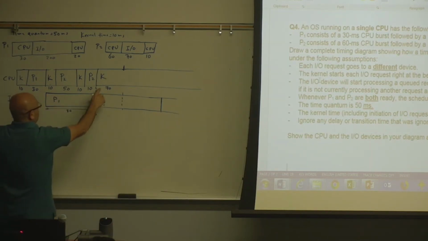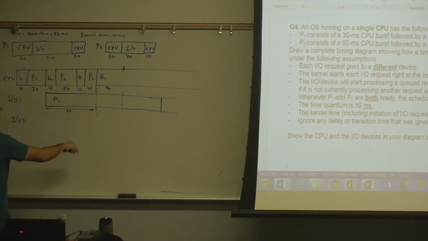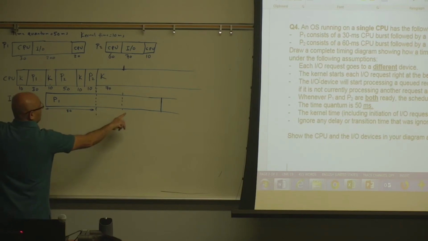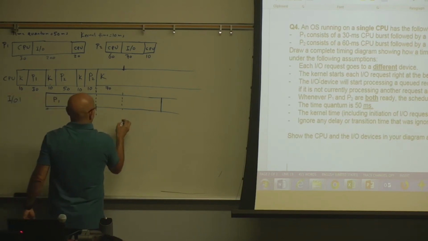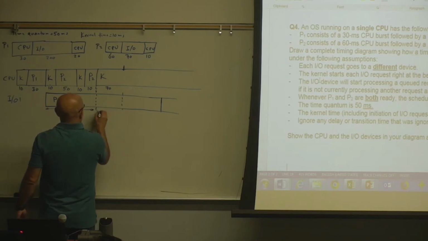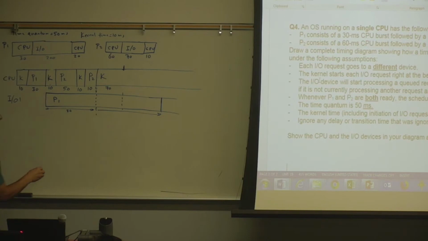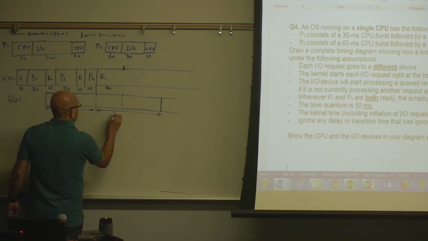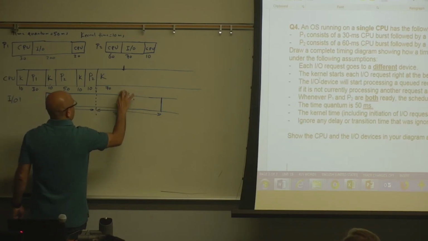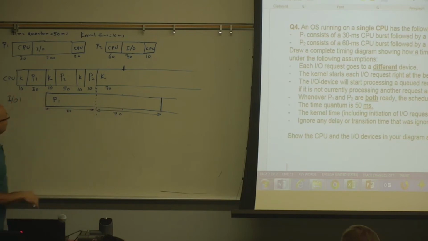So now at this point, P2 is requesting I/O, but the device is not available. So P2 will get queued, and in fact, it will not get the device until this is completely done. So we need 80 and another 70. Then the I/O device will be available for P2.